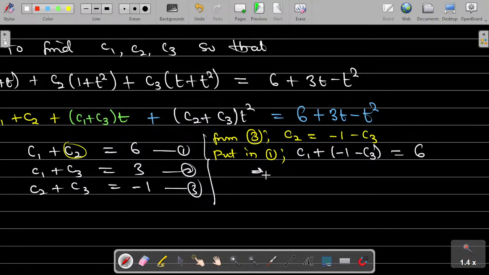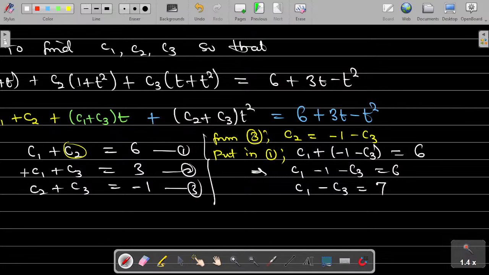So we simplify that, and in doing that you have c1 minus 1 minus c3 equal to 6. So let minus 1 come over, we get c1 minus c3 equal to 6, and minus 1 coming over becomes plus 1, which gives us 7.